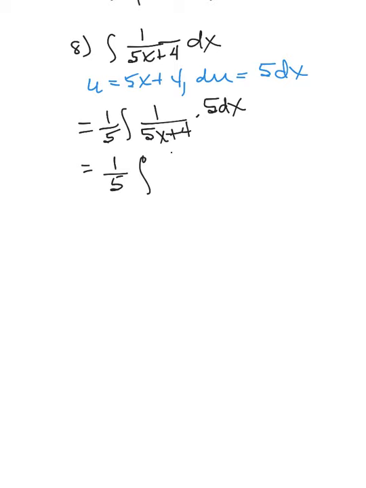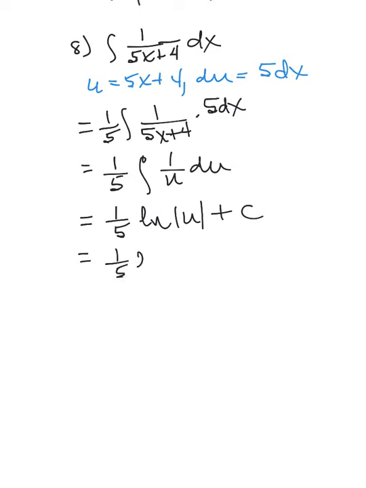You'll have the integral of 1 over u, and the 5 dx is exactly du. So keep your 1/5. The integral of 1 over u is the natural log of the absolute value of u, plus c. Take the u out and put what it was originally, so we'll have 1/5 the natural log of 5x plus 4 plus c.